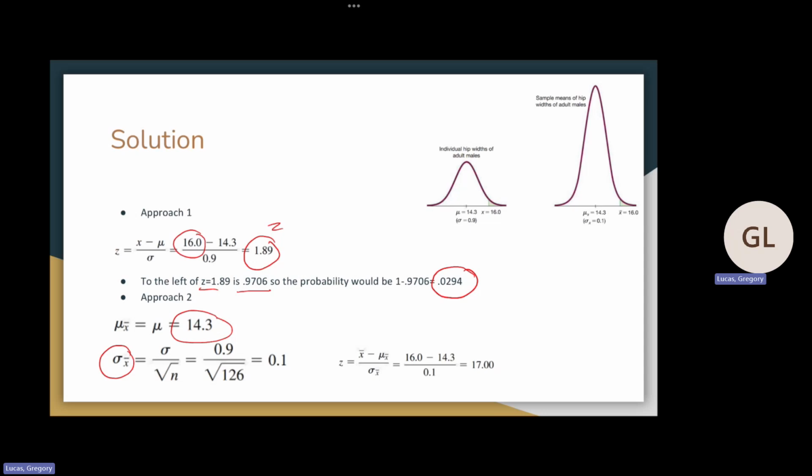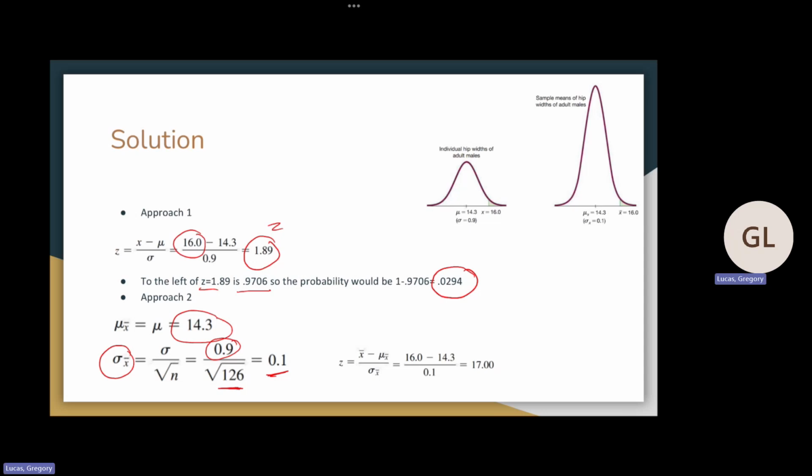So we know our standard deviation is 0.9, but now we have to plug in that 126 here as well. So that's the only difference here. Since we're dealing with a mean, we divide by the square root of that number, and we'll get a standard deviation of 0.1. And note the standard deviation is a lot lower because we're dealing with a mean, not just one value. So the mean shouldn't change as much.